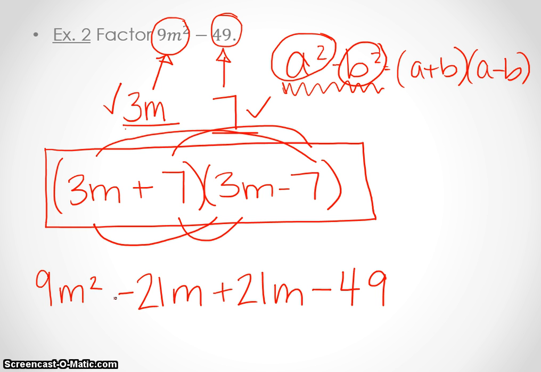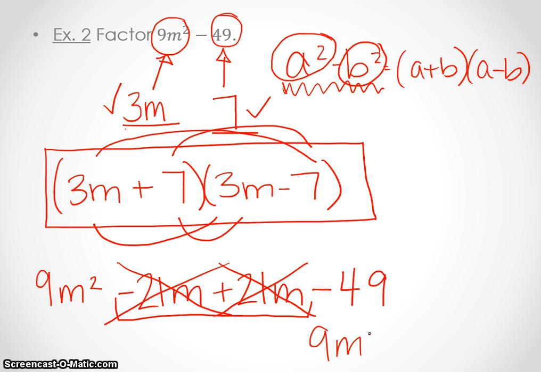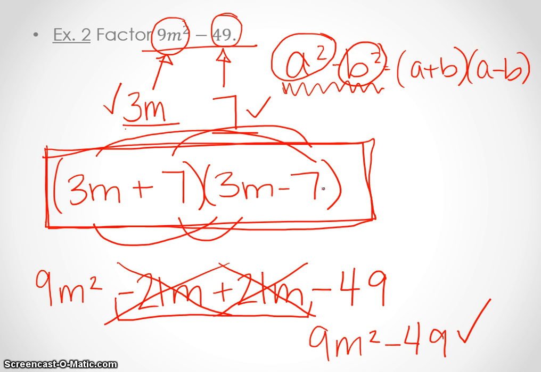And then what happens to negative 21m plus 21m? Those are going to cancel out and be gone. So all we're left with is 9m squared minus 49. Well, we're in luck, because that is exactly what we started out with. So we know that it checks out and that this is our answer for sure.